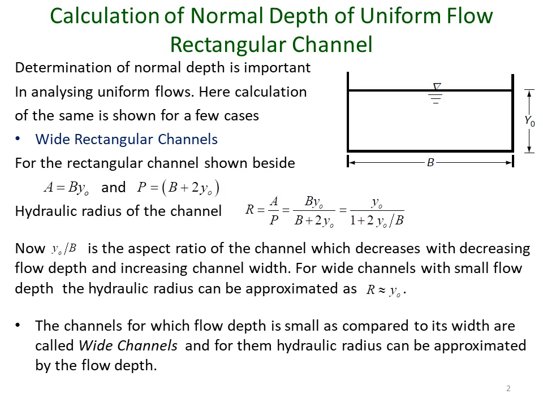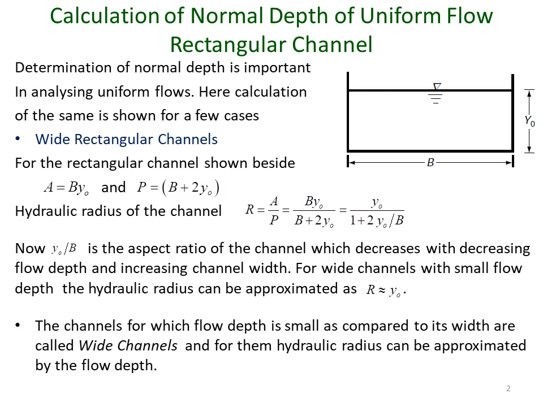For this channel, of course, the cross sectional area of flow capital A is given by b y naught, and the wetted perimeter is given by b plus 2y naught, and the hydraulic radius, which is the ratio of the cross section and the wetted perimeter, is given by b y naught by b plus 2y naught, and this can be further simplified as y naught by 1 plus 2y naught by b.